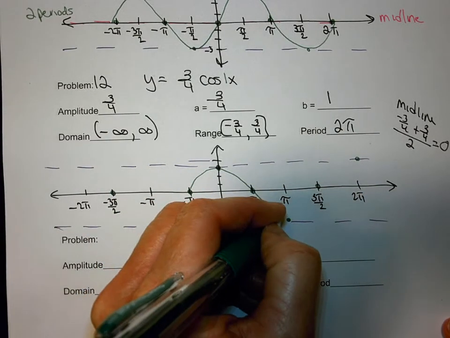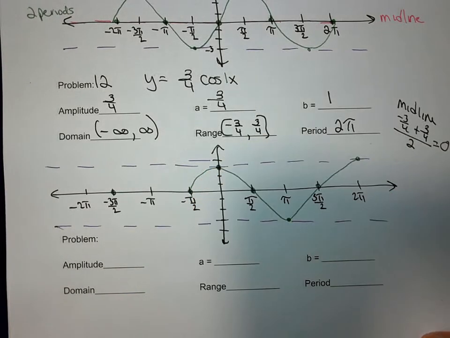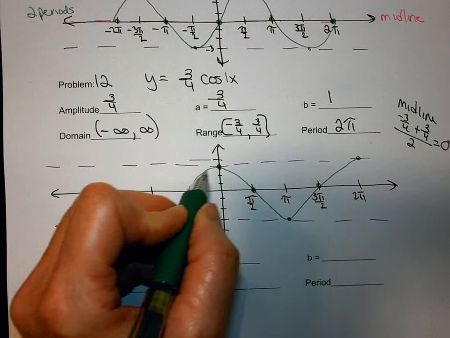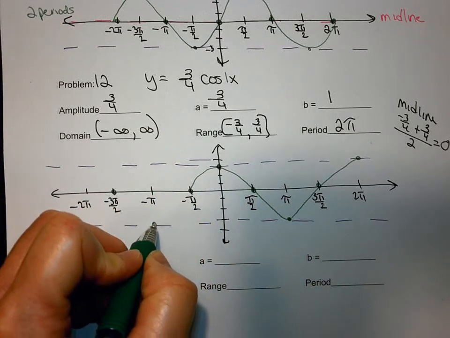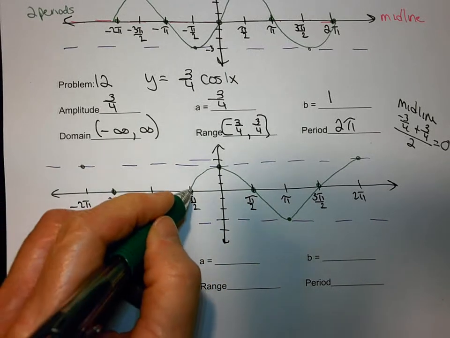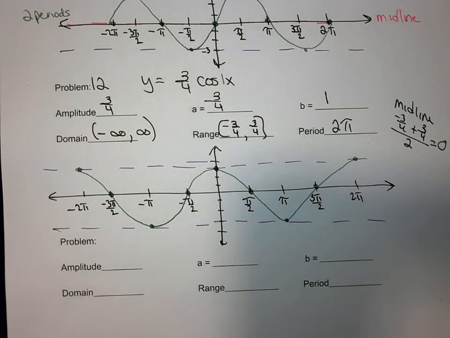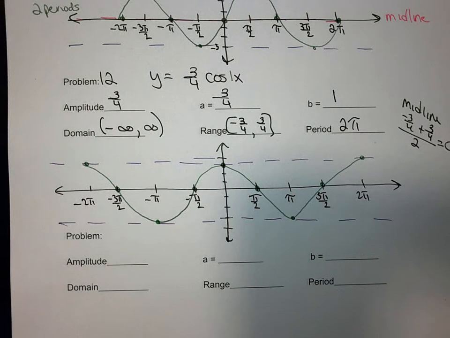So there's my continuous graph for cosine, and then again, I know this has to continue that same pattern. So this is going to go down, this is going to go up, and again, there's my continuous graph for cosine. So that is number 12.